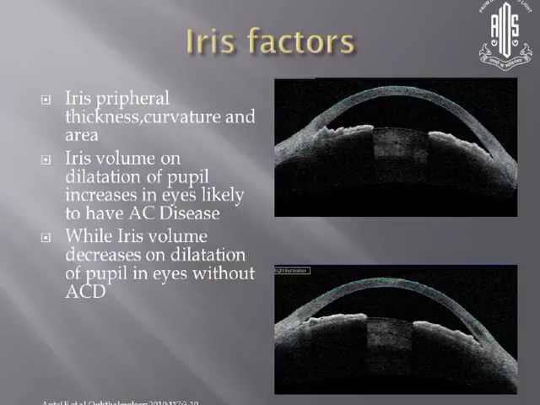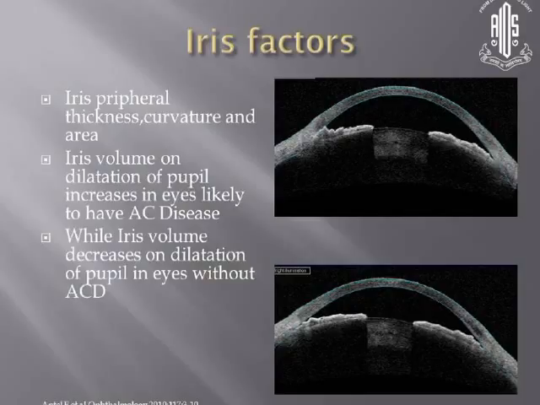Another important thing is that people have started believing that the iris plays an important factor. There are three things which are important, which you must know in angle closure disease. Number one, the patients who are prone to angle closure disease have a thicker iris. Number two, when the pupil dilates, the volume of the iris increases. In a normal individual, it does not happen.